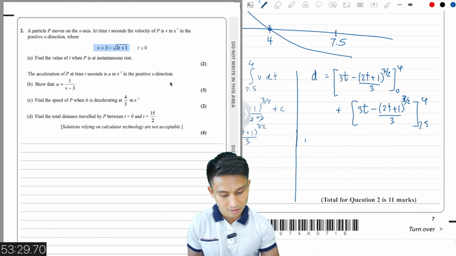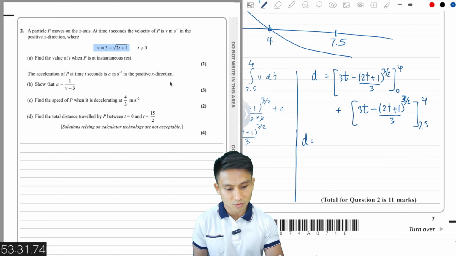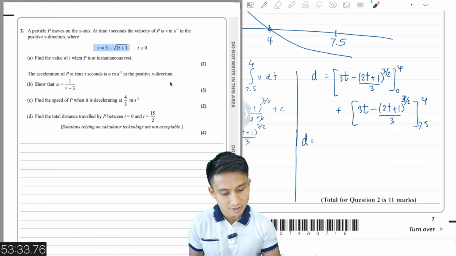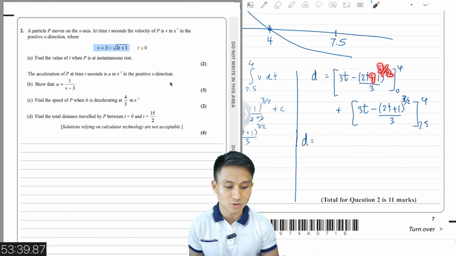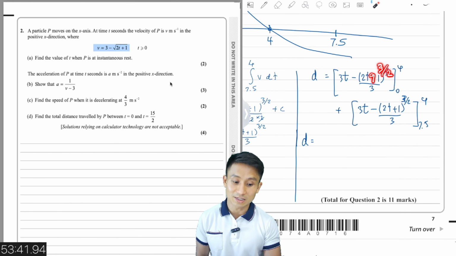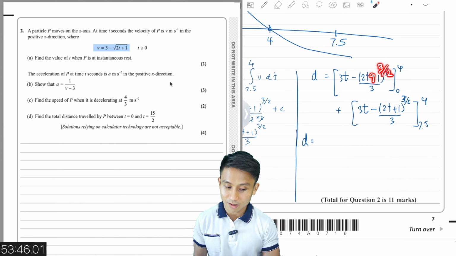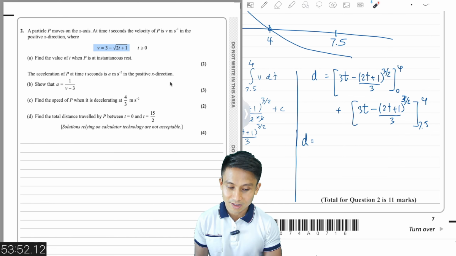4 in first. So put 4 in, we get 12. Put 4 in here, we get what? 4 in here, we get 8. 8 plus 1 is 9. So 9 to the power of 3 over 2, that is basically 27 if you plug in a calculator. I'm just doing mental math here. Yeah, 27 there. So 27 divided by 3 is 9. So 9 here and 12 here.